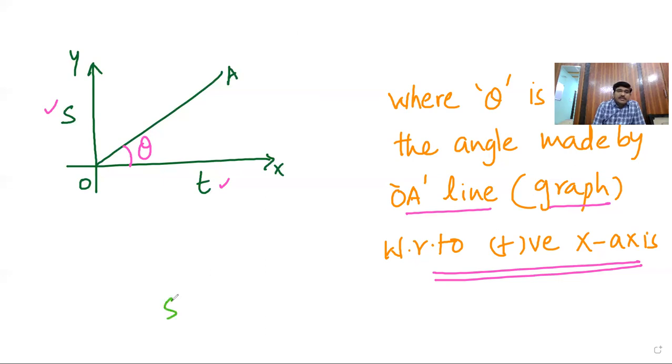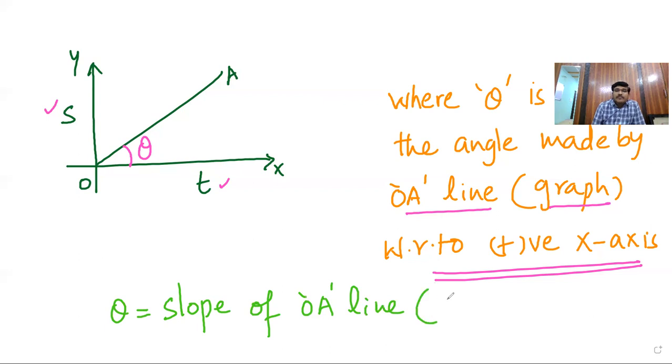So here I mention theta is equal to the slope of the OA line, that is, the slope of the graph. OA line is a graph, so slope of the graph. Clear? Theta is nothing but the slope of the graph. Right?